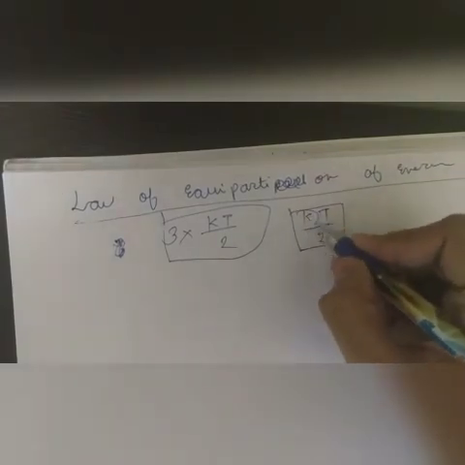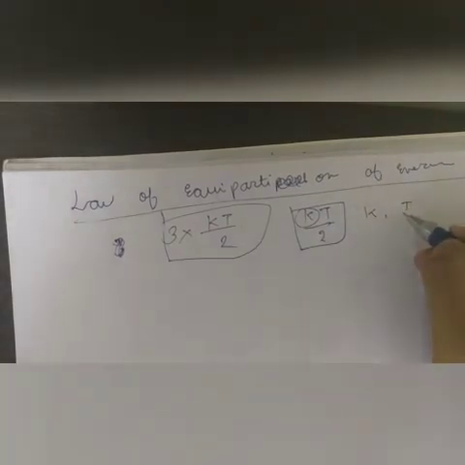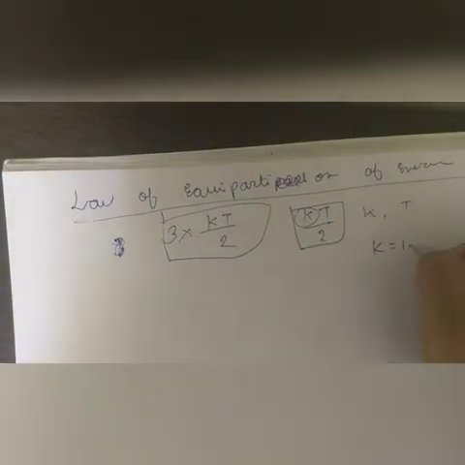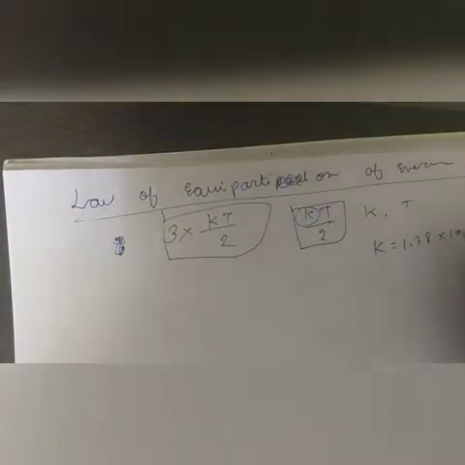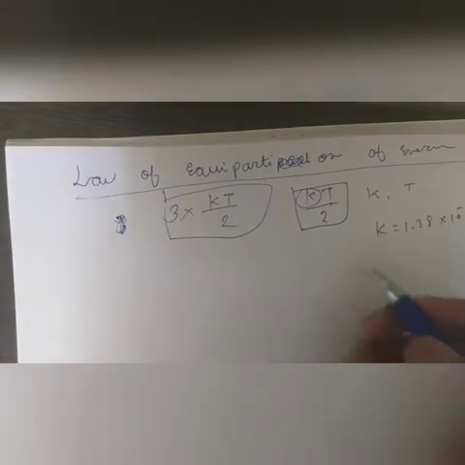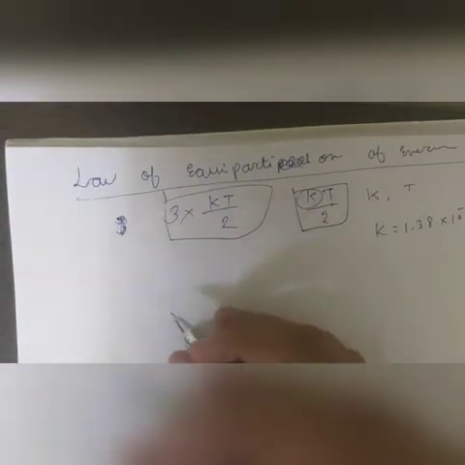What is k and T? k is the Boltzmann constant, T is the absolute temperature of the system, and the value of k is 1.38 into 10 to the power minus 23 joule per Kelvin. In our system there was a number of standing waves.